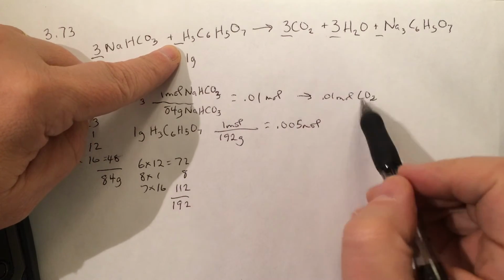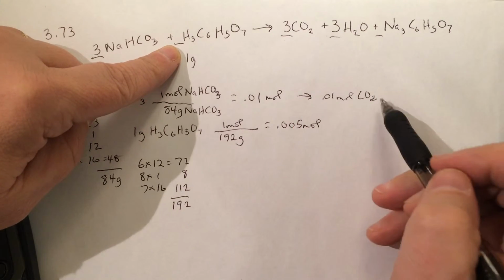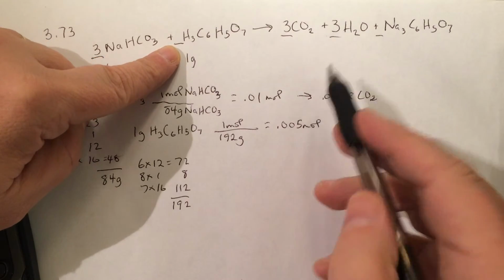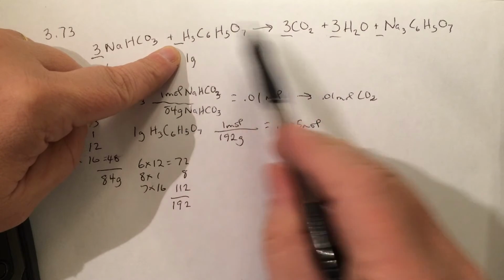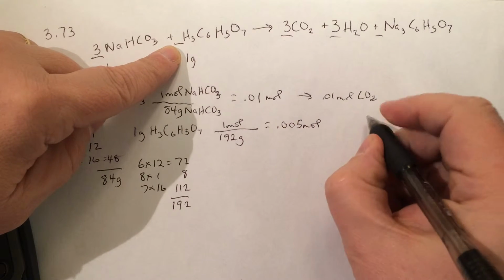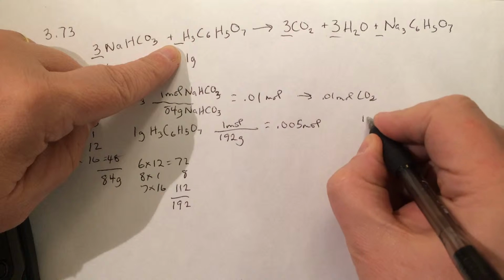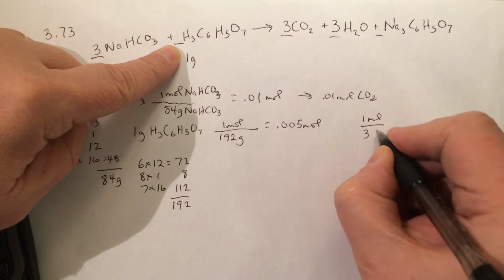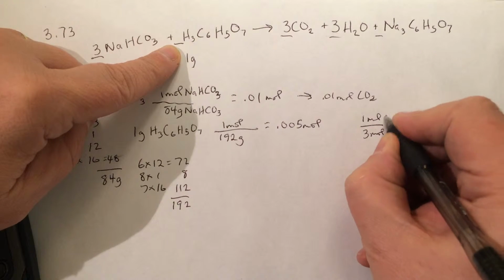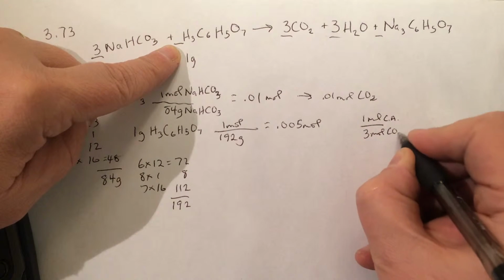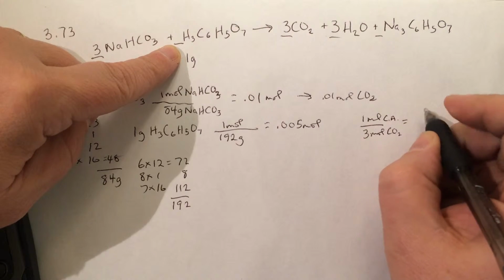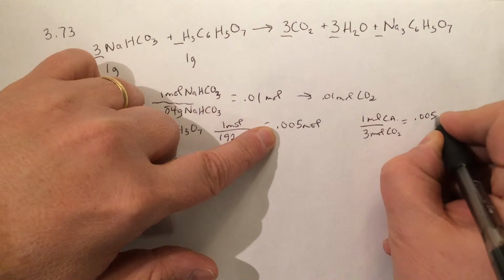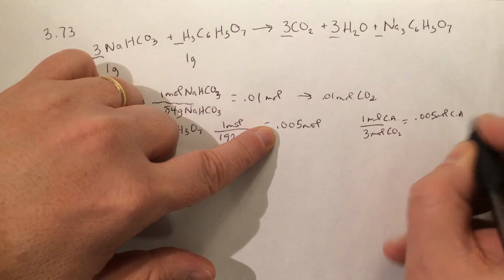Well, we want to do the carbon dioxide again so we can compare them. We know that the other one made 0.01. How much can this make? Well, this isn't a 1-to-1 relationship, so this is a 1-to-3 relationship. So we're going to have to say 1 mole of the citric acid over 3 moles of the carbon dioxide gives, how much of this did we have? 0.005 moles of the citric acid.